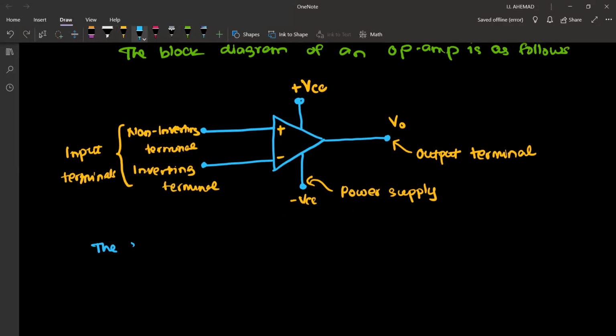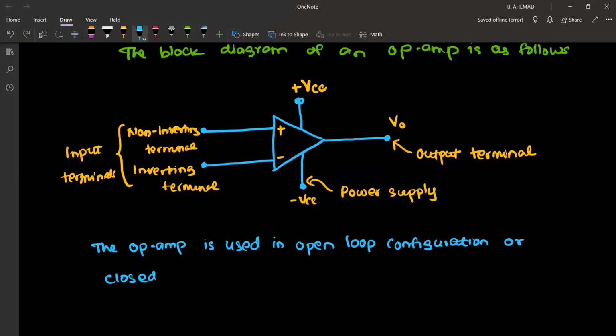The op amp is used in open loop configuration or closed loop configuration. Note this down.